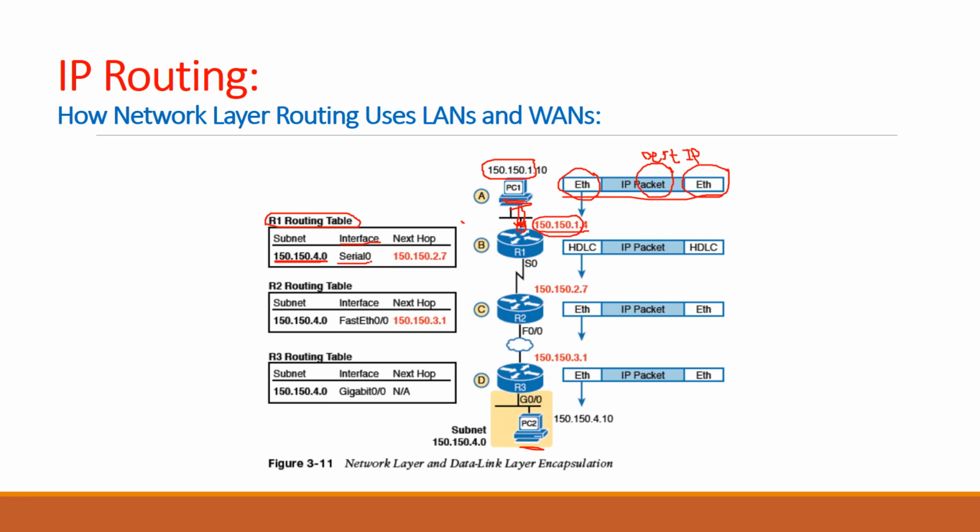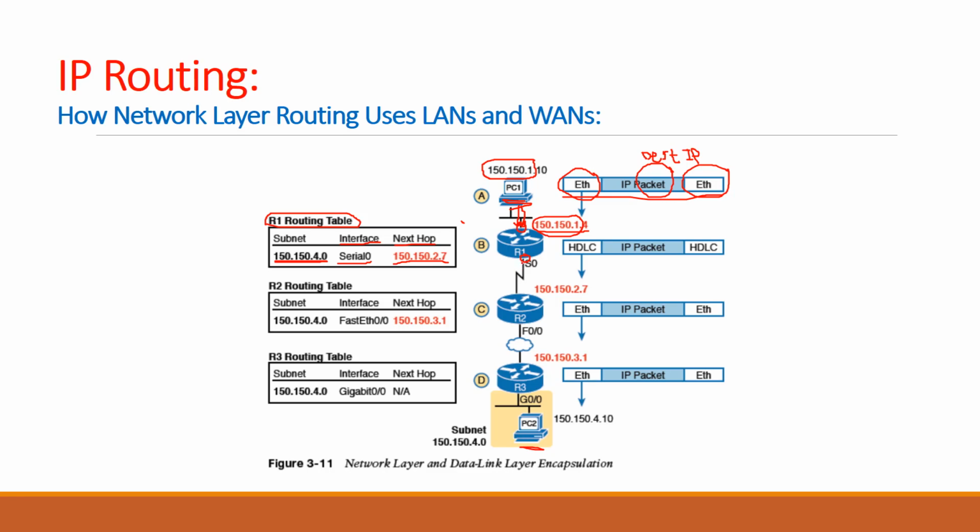And in this example, we have serial 0, and the next hop IP will be 150.150.2.7. Once R1 decides from which interface it will send the frame, the IP packet, it will check the WAN protocol used in this interface.